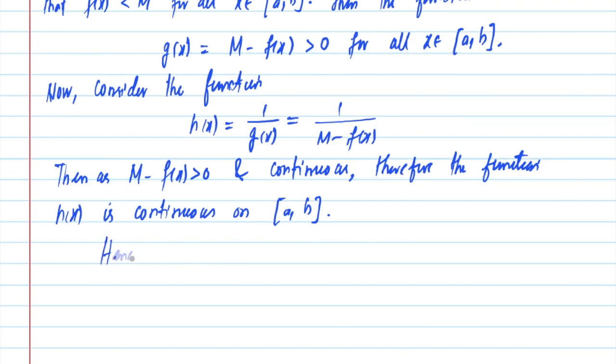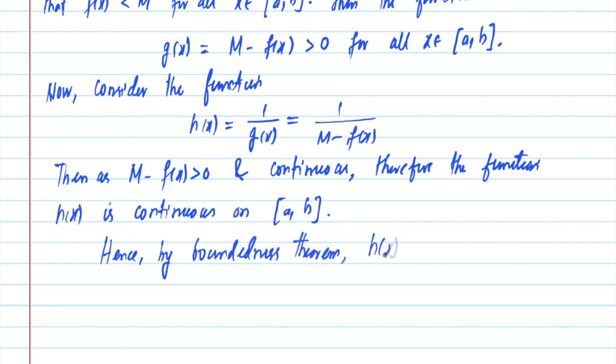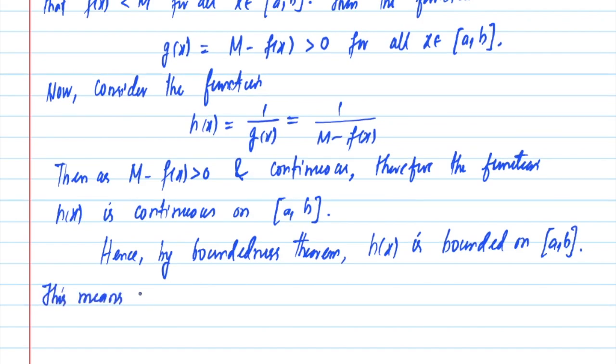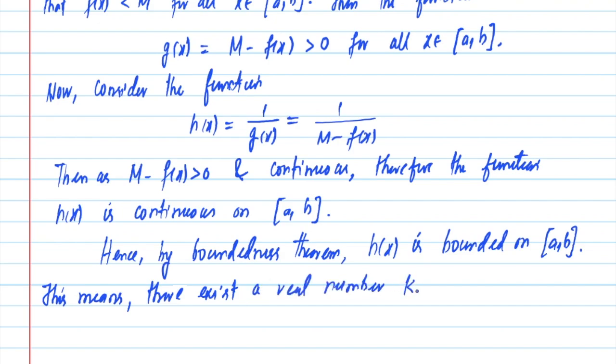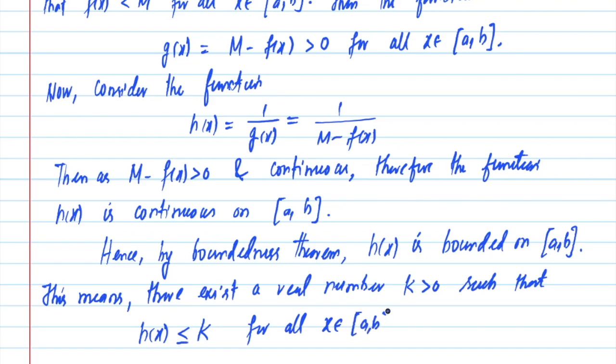Hence by the boundedness theorem, this h(x) is bounded on the closed interval [a, b]. So this means there exists a real number k greater than 0 such that h(x) is less than, or we can say less than or equal to, k for all x belonging to the closed interval [a, b].